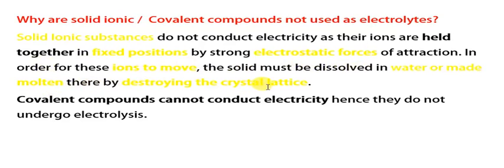As we can see in the previous diagram, the crystal lattice is destroyed when an ionic compound is dipped into water, making it aqueous. Covalent compounds cannot conduct electricity, hence they do not undergo electrolysis.